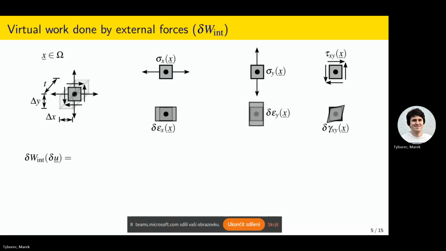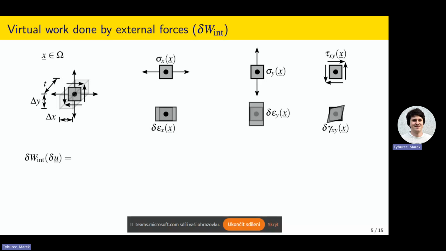Essentially what we can see here is three components of the stress and also three components of the shear, which is now virtual shear, the shear induced by virtual displacements. Now we evaluate the force and the displacement that would produce this virtual energy.